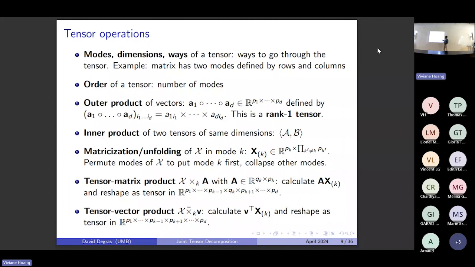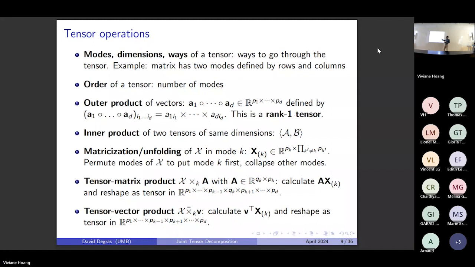Then you will pre-multiply this matricized tensor by the matrix A. That can change the dimension of the tensor. You end up with a tensor that has the same dimensions as the original one, except in mode K where you've done the matrix multiplication, where you might have changed the dimension.